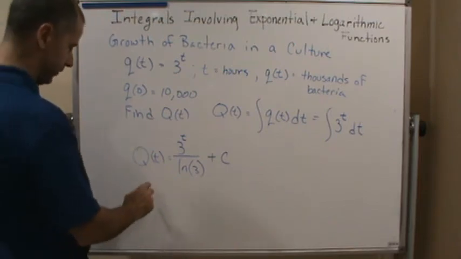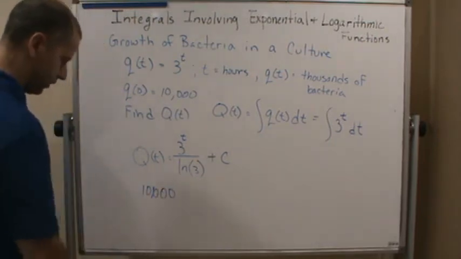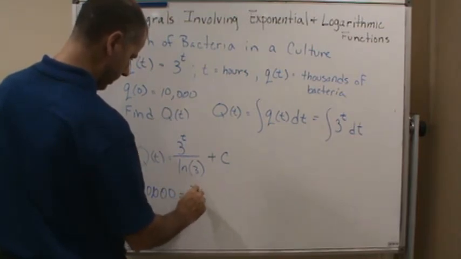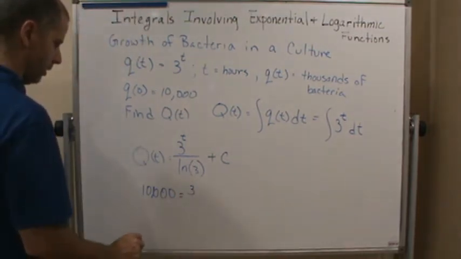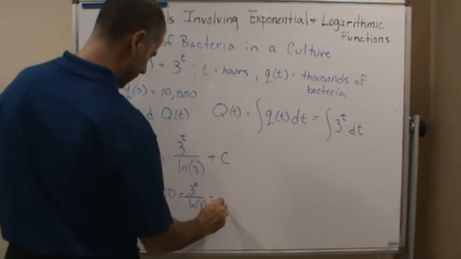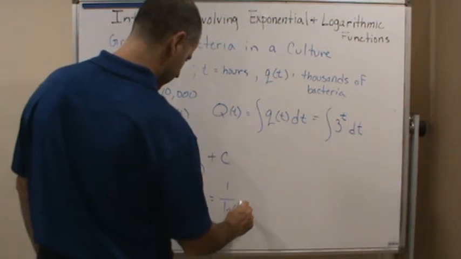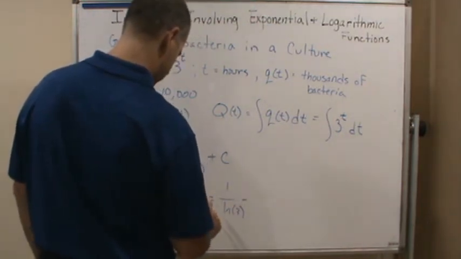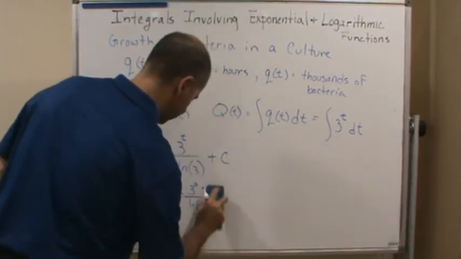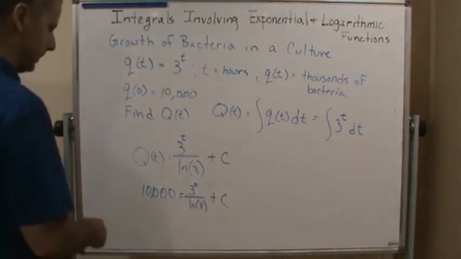So now let's solve for C. That means 10,000 is going to go here, and of course this is going to be 3 to the 0 over the natural log of 3. 3 to 0 is just going to be 1, so that's just 1 over the natural log of 3.